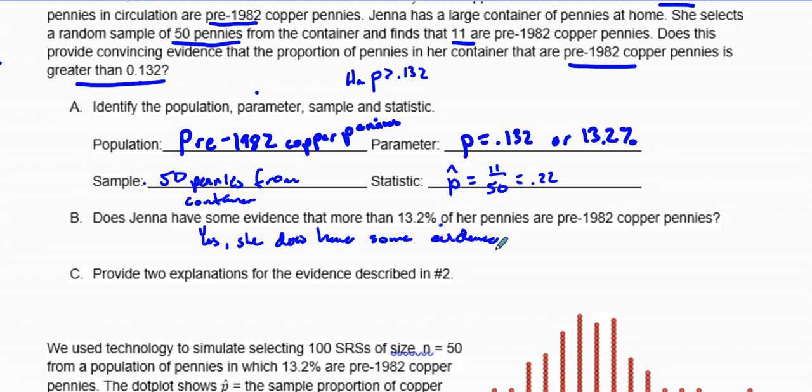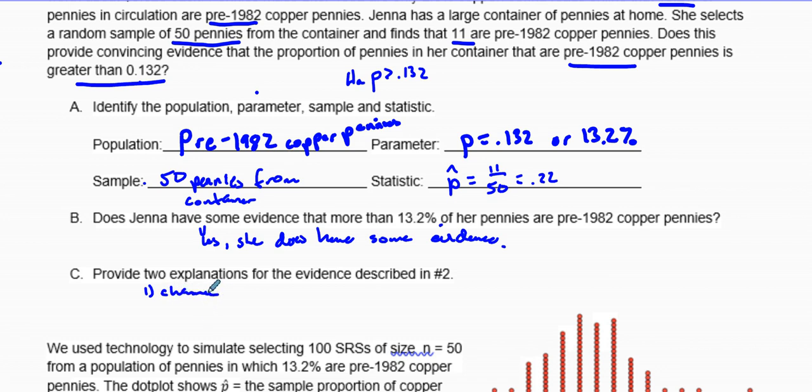She does have some evidence because when she pulled out 50 pennies, 11 of them were pre-1982 copper pennies, so that's 0.22, greater than 0.132. Now the question is, provide two explanations for this evidence. First, it could have happened just by chance.